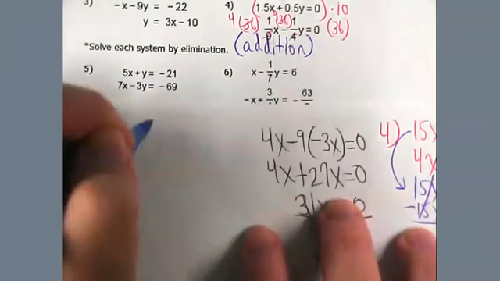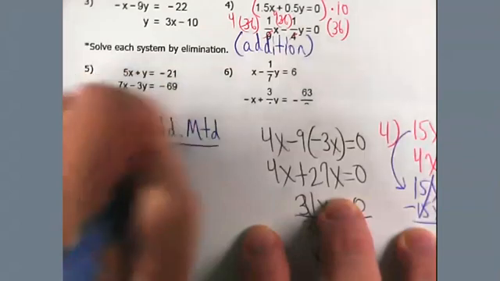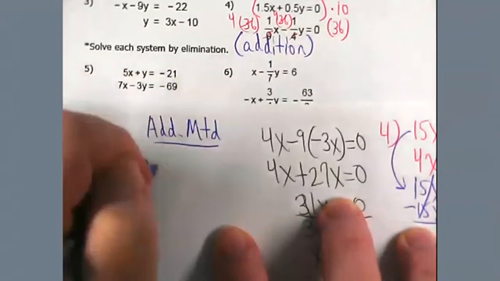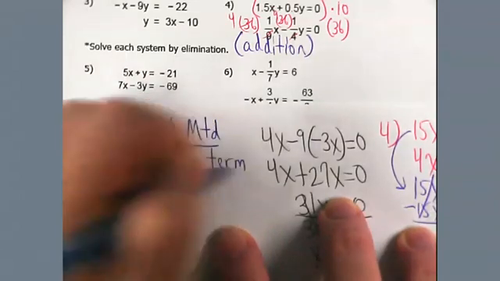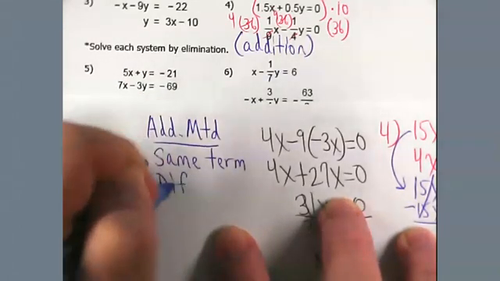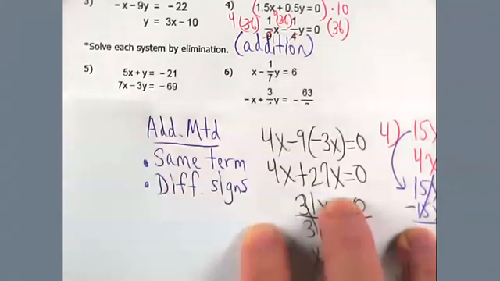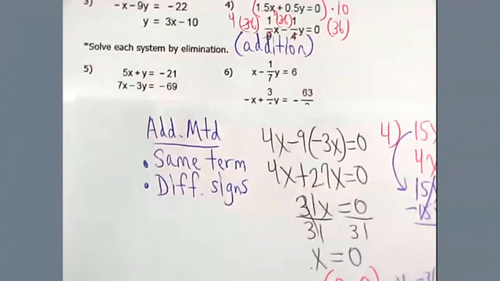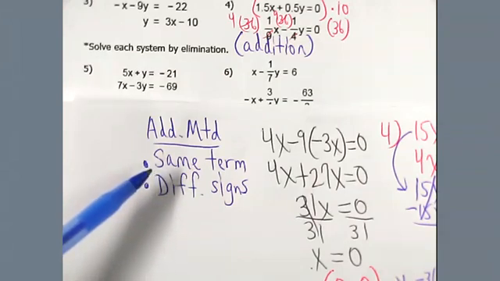So the criteria for using the addition or elimination method: there must be the same term. You may have to multiply one or both of your equations by a common multiplier to get the x's or y's to be the same term.